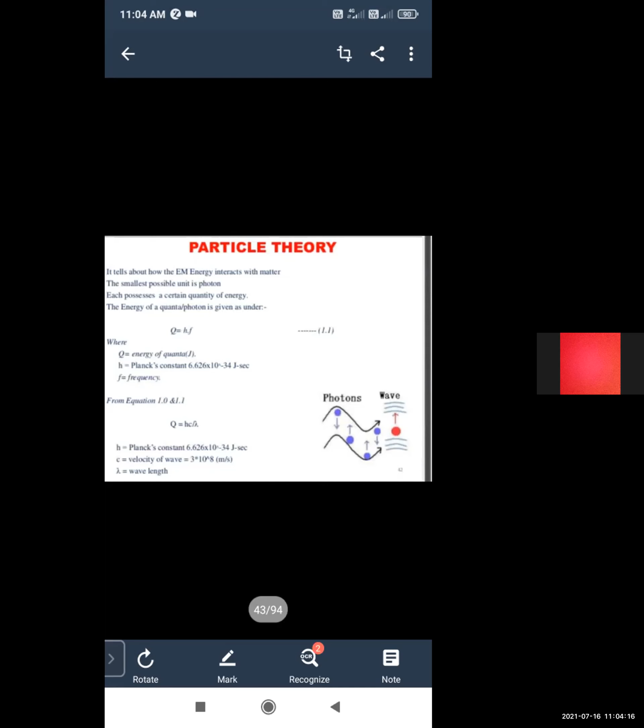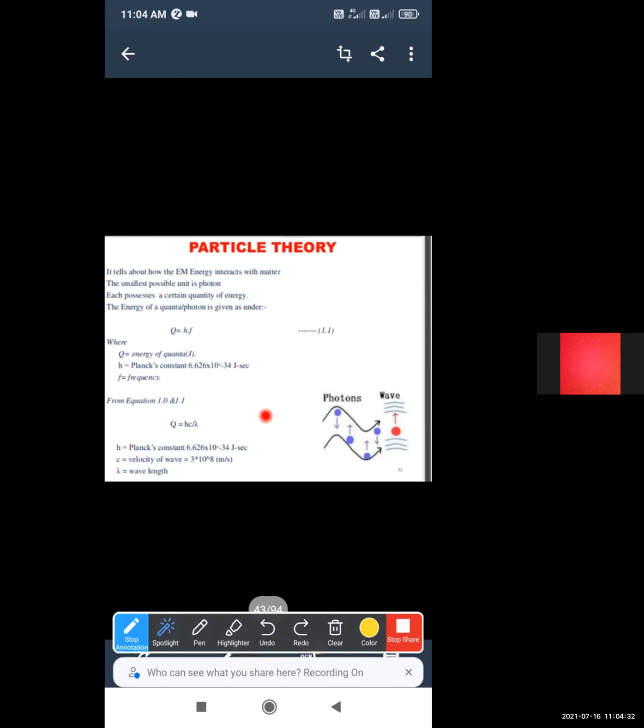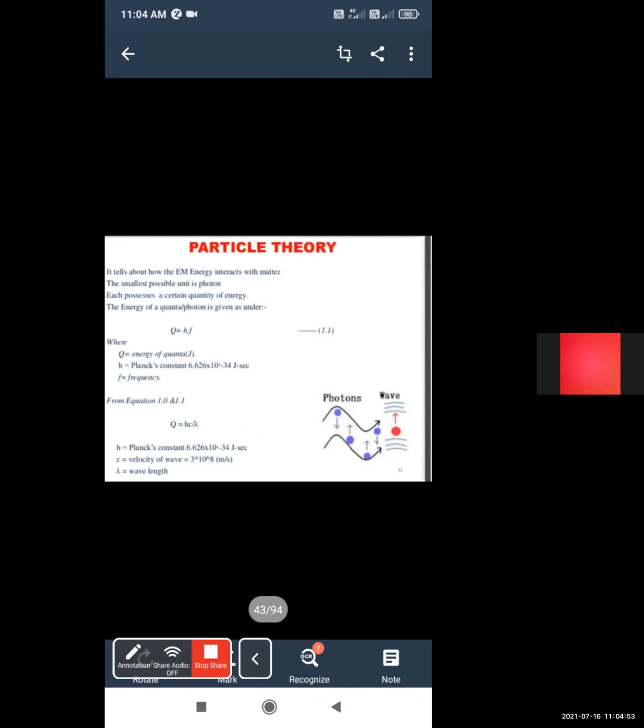Also we can write Q equal to Hc by lambda, since frequency can be replaced using the equation C equal to F lambda, where F is the frequency, C is the velocity, lambda is the wavelength. So F equal to C by lambda, put in Q equal to Hf, gives Q equal to HC by lambda. This formula is very well known.